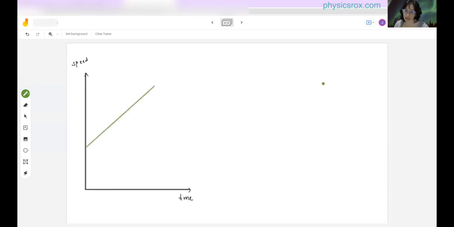It doesn't matter the shape. But you just need to remember this, that gradient, if you remember, is y2 minus y1 over x2 minus x1, or I call it rise over run. Or you can also call it change in y over change in x.